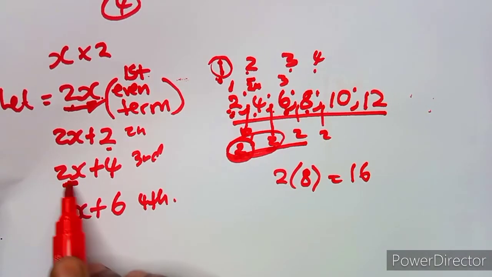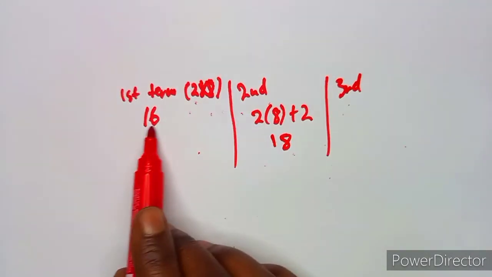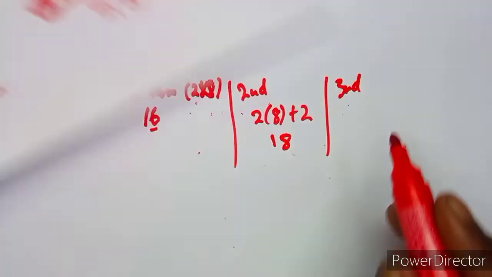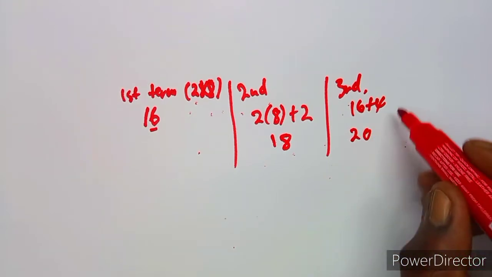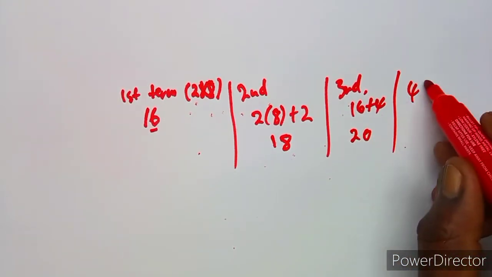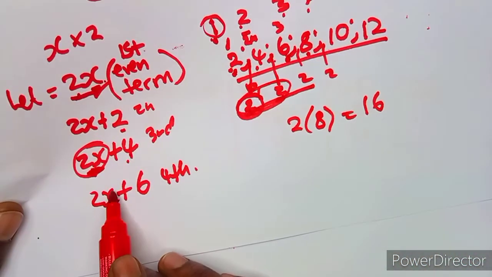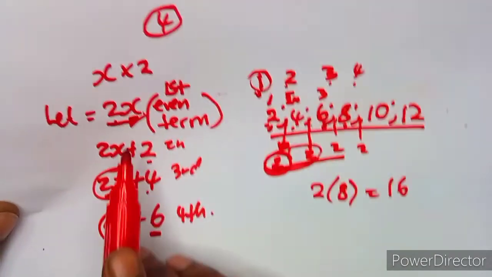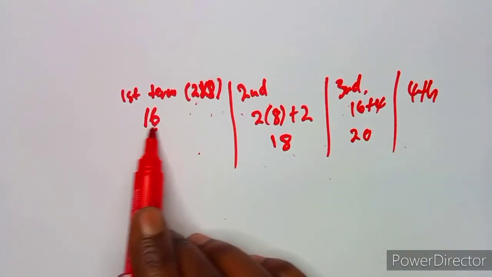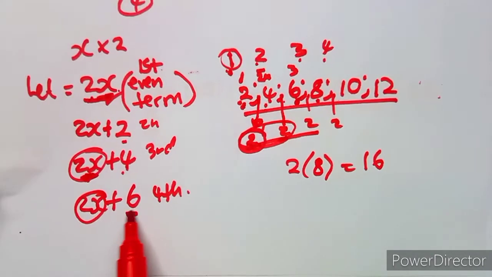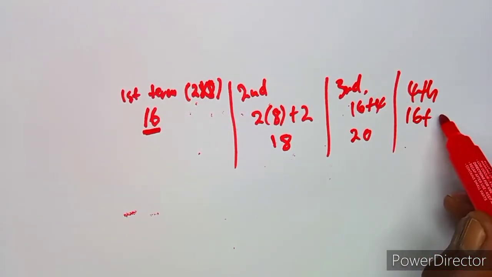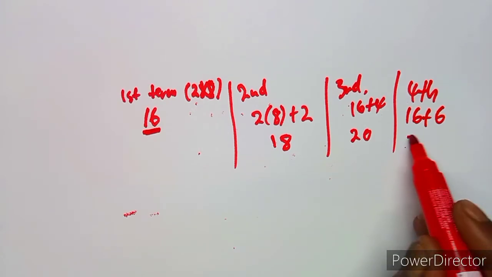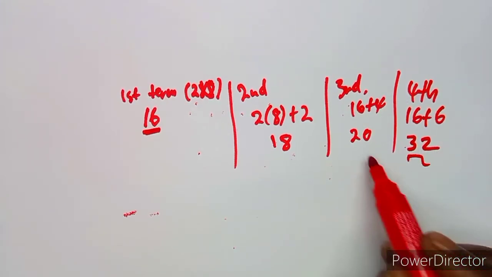So as you can see, 2x is repeating. Already 2x is 16, so it's just 16 plus 4, which is 20. Then the fourth term is still the same, 2x plus 6, of which 2x is equal to 16. So it's just 16 plus 6, which is 22.